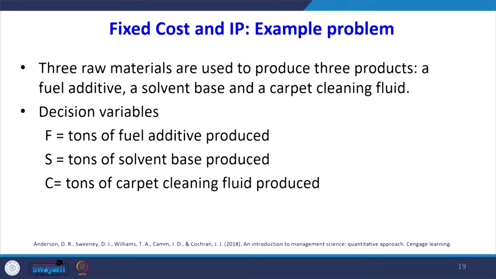The example problem is taken from the book by Anderson et al. 3 raw materials are used to produce 3 products. What are the 3 products? A fuel additive, a solvent base and a carpet cleaning fluid. The 3 decision variables are: F represents tons of fuel additive produced, S represents tons of solvent base produced, C represents tons of carpet cleaning fluid produced.